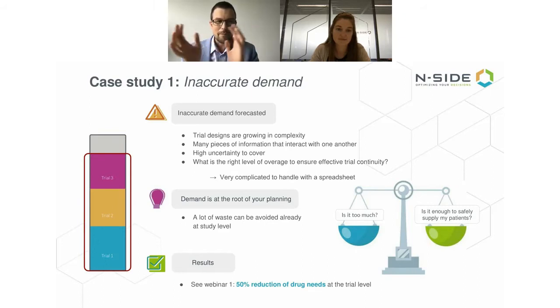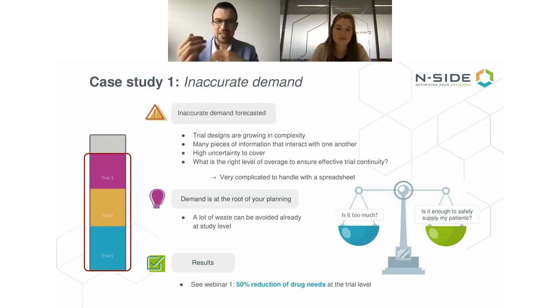And so we did a lot of analysis with that pharma partner and over a few years were able to bring down their drug needs. So what was perceived as needs initially, this patient demand plus overage, we were able to bring down on average by 50%.